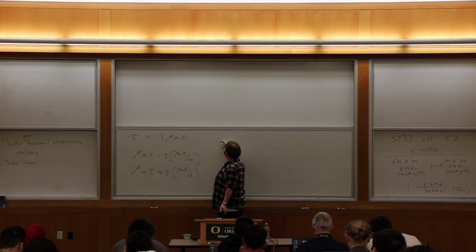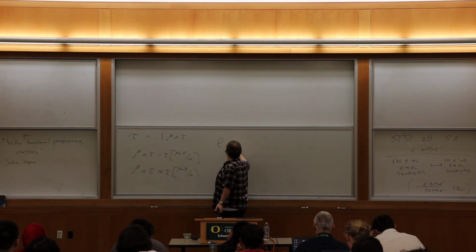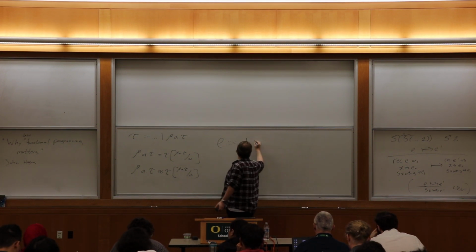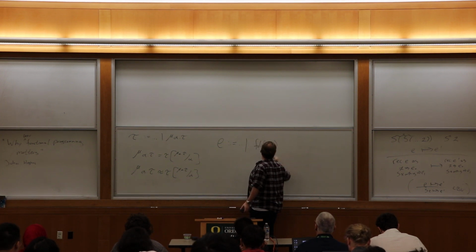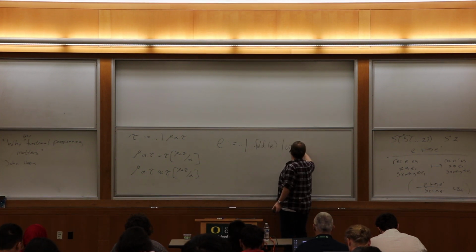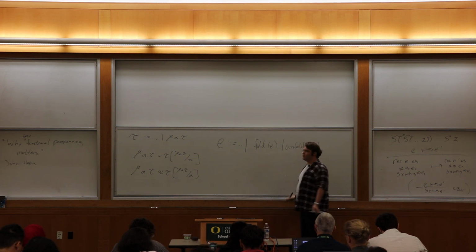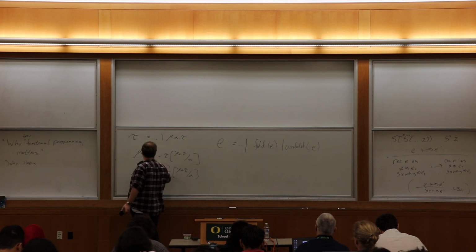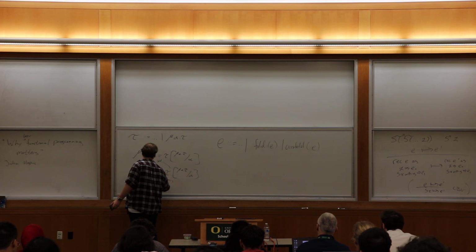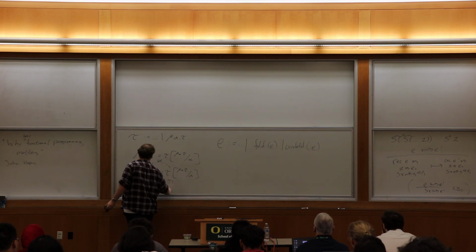Well, common names for those are going to be fold of some E and unfold of some E, where fold goes this way and unfold goes that way. Okay, right?